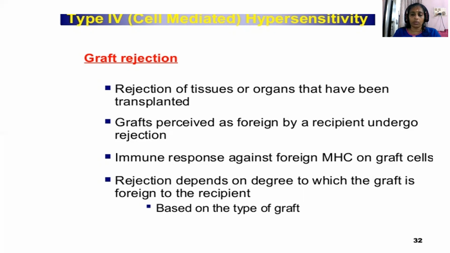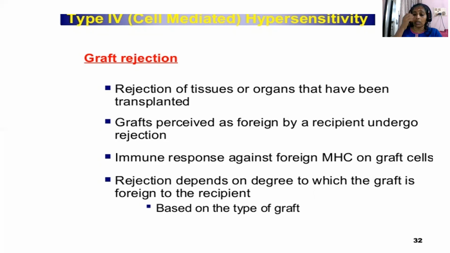When a graft is taken from another individual, our body considers it a foreign substance and it is immediately rejected. Generally the reaction is directed against the major histocompatibility complex on the graft cells, which is considered foreign, and our body rejects such a graft.